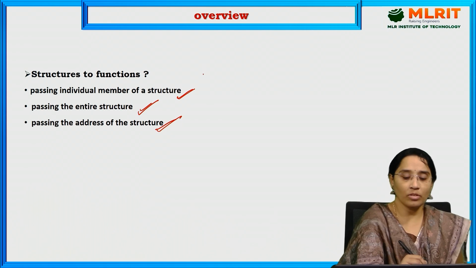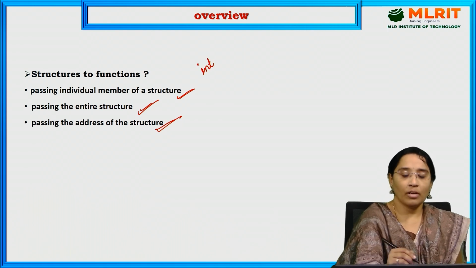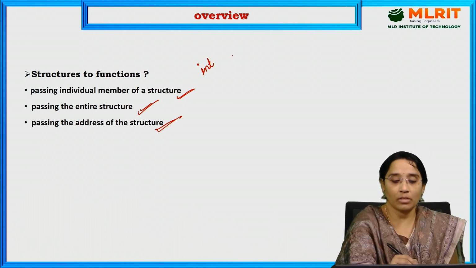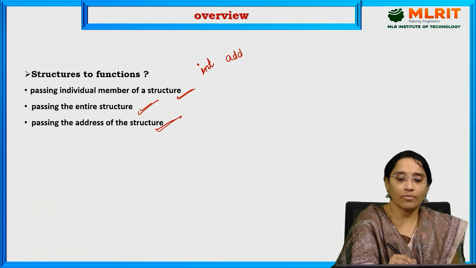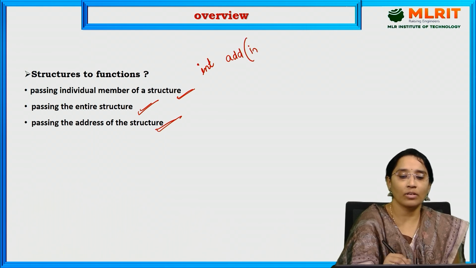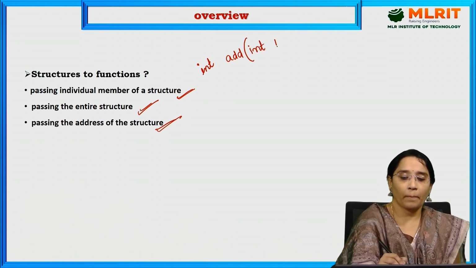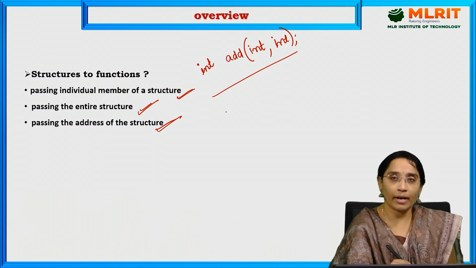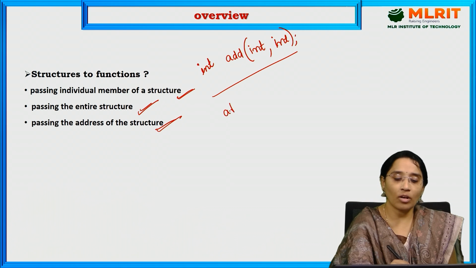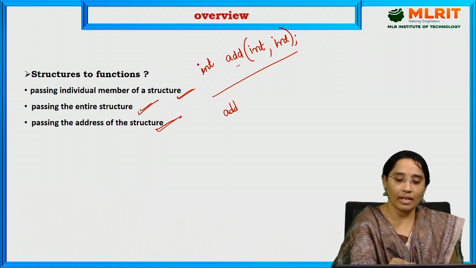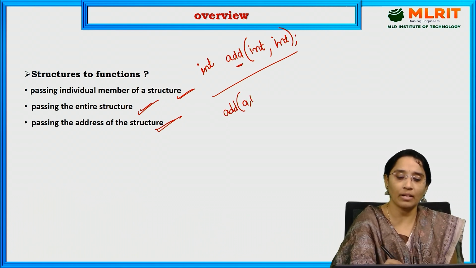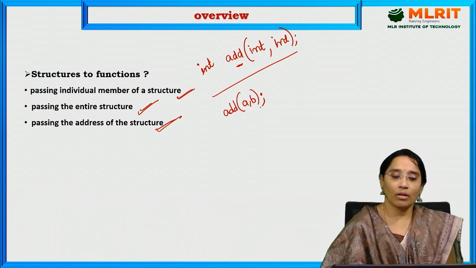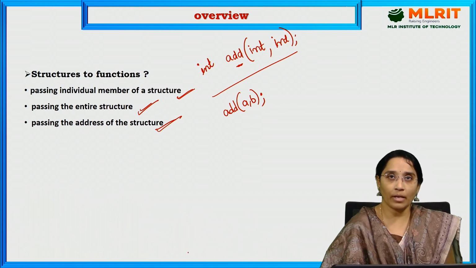Suppose you are writing a function for addition of two numbers, how will you write the function declaration? int add(int, int). This is your function declaration. Next, how will you write the function call? A function call contains the name of the function followed by the list of parameters.